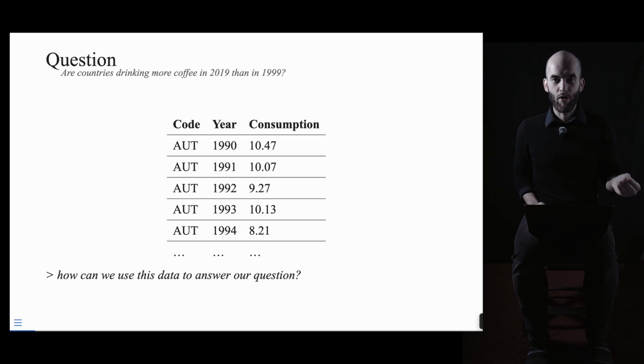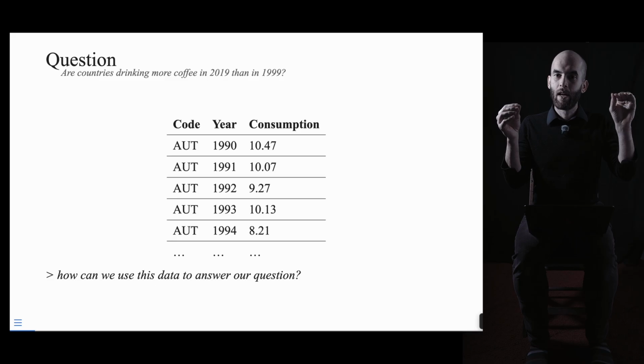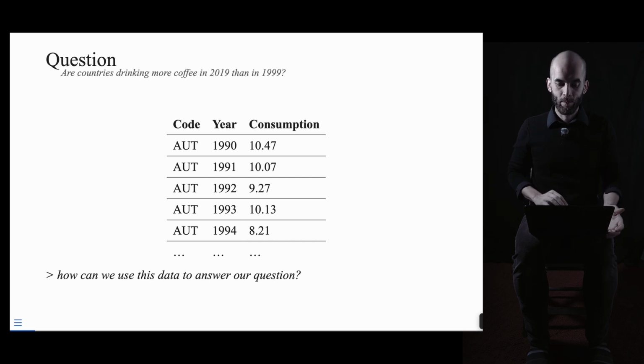The way we would think about this is we have many countries, and these countries are in our data set at many points in time. So you can see we have Austria showing up in many different years, so coffee consumption per capita across time. And then we have the same idea for each one of our 34 countries.